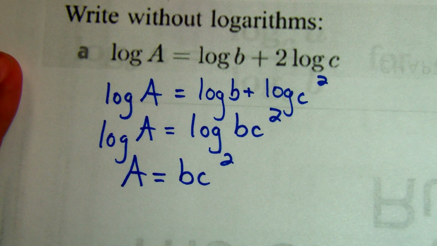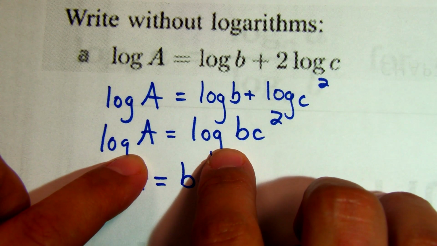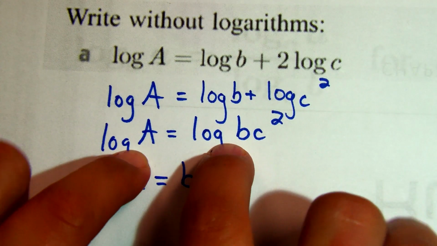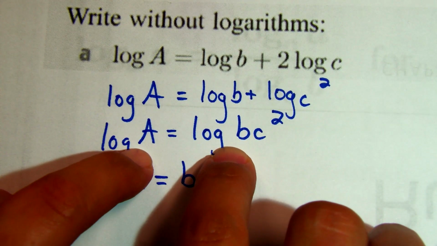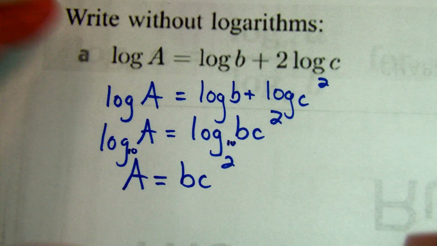What's the understood base here? No, that's not the base. Base is usually the little number that's right there, but if there is no little number there, it's 10. So that's 10, and that's 10. Do they have the same base? Yes.